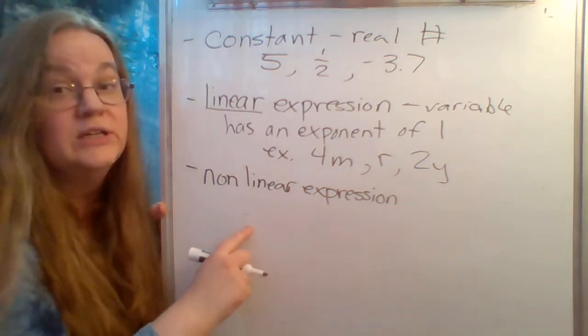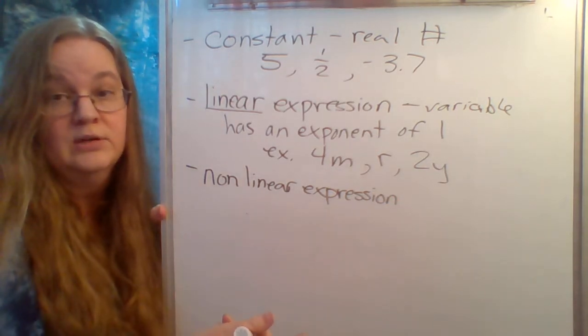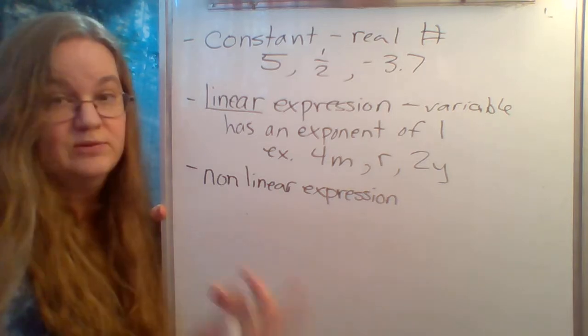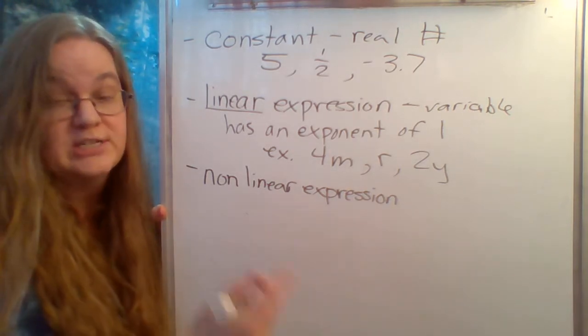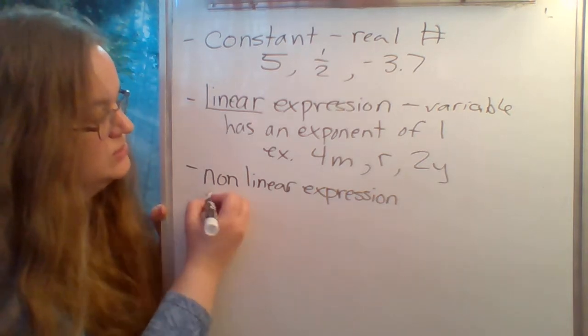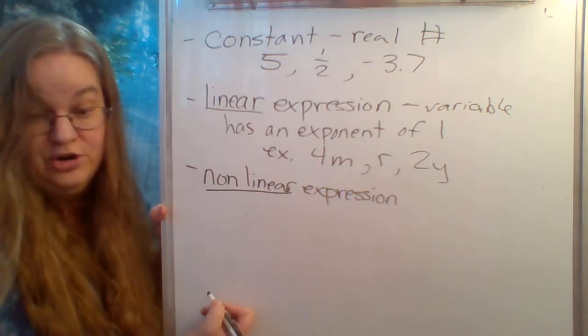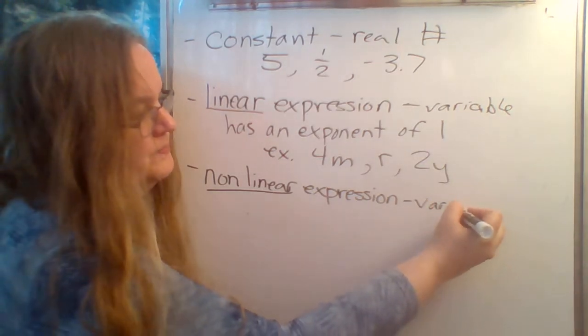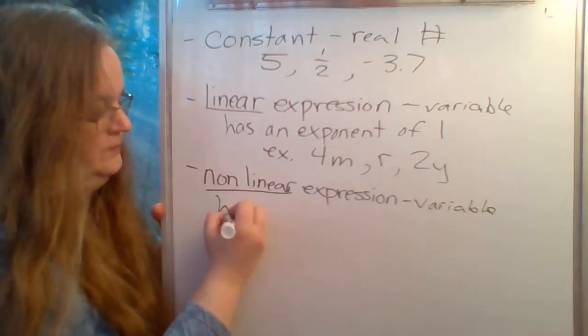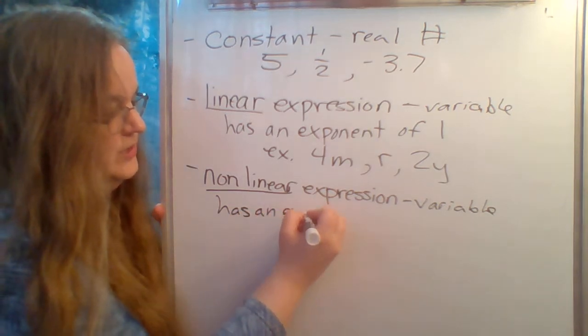Most of what you've been dealing with are things that are linear, in straight lines, like with the systems that we've been dealing with. You've been dealing with linear equations, things that are in a straight line. Now we're working on things that are non-linear. For a non-linear monomial, the variable has an exponent greater than 1.